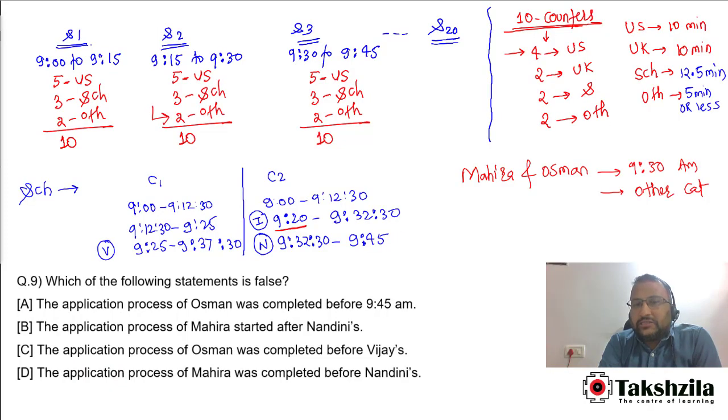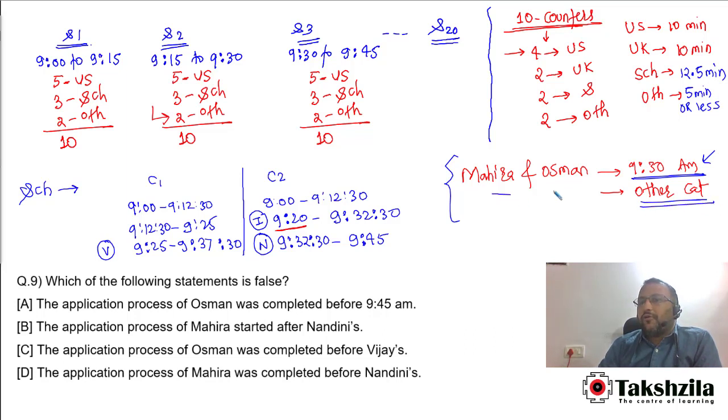After this, the next is question number 9. Over here, one statement was given in one of the paragraphs that Mahira and Usman came at 9:30 am. Their applications are scheduled at 9:30 am in the others category.